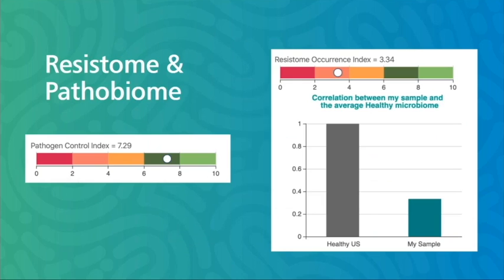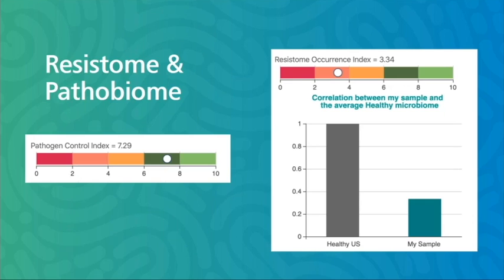Two of my favorite parameters that are evaluated are the resistome and the pathobiome. So we know that in the microbiome, everybody has some bad bacteria in addition to good bacteria. It's not necessarily more concerning that there are a few bad bacteria, but what would be more important to understand is what the net effect of their presence is in the presence of the good bacteria.